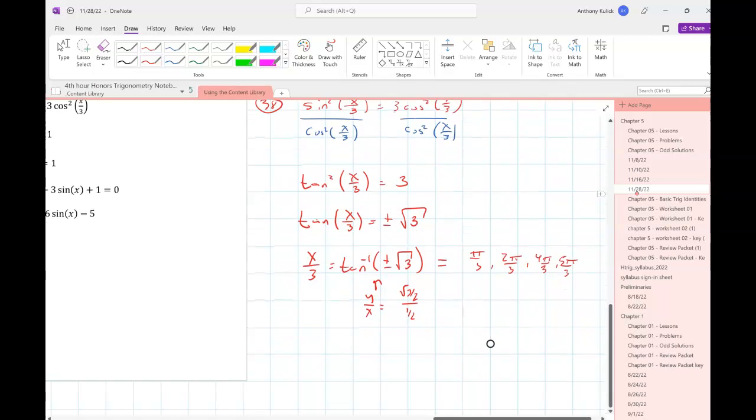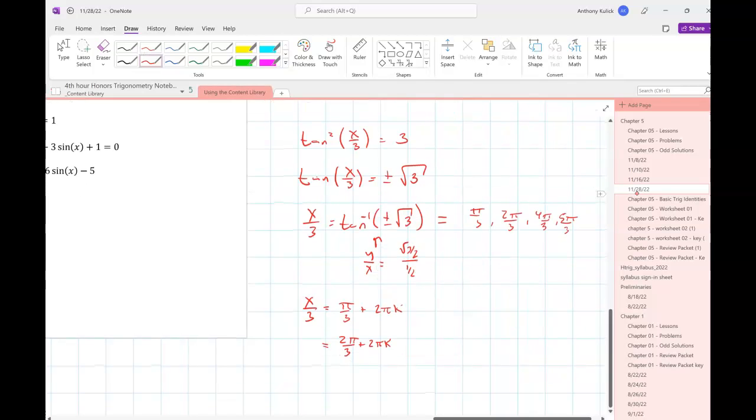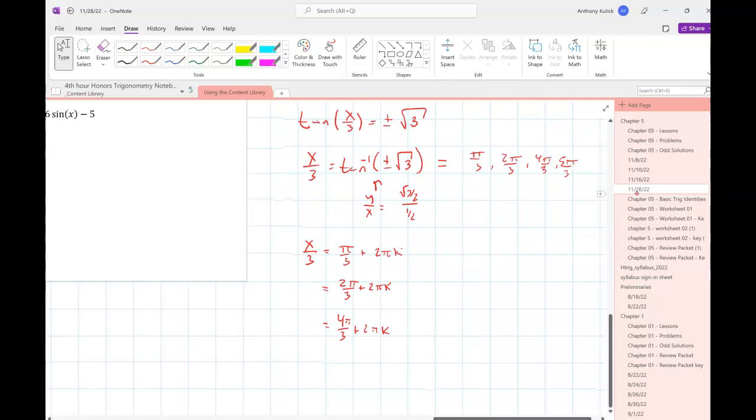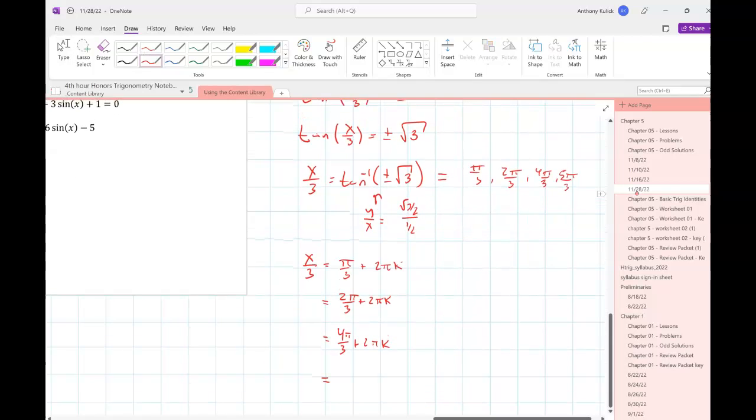But those aren't my answers to anything right now. I'm going to do my infinite solution first. And the reason I'm going to do my infinite solution first is because my x has a coefficient on it.